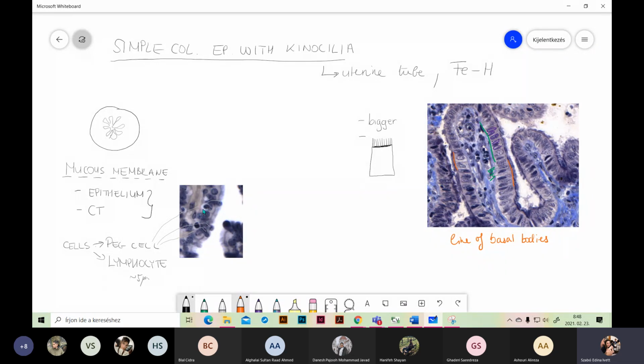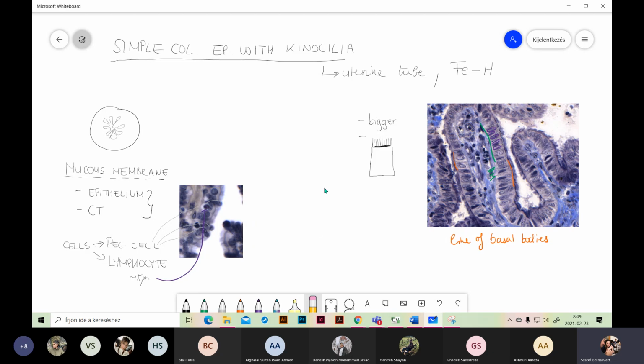It's special for the lymphocyte, that's why it's very easy to recognize. So here you see a lymphocyte. Okay. This is a lymphocyte.